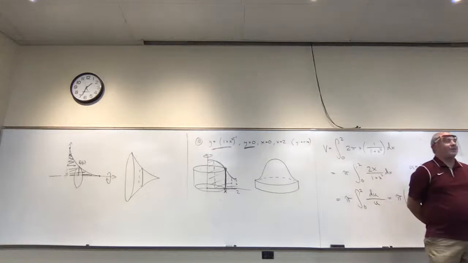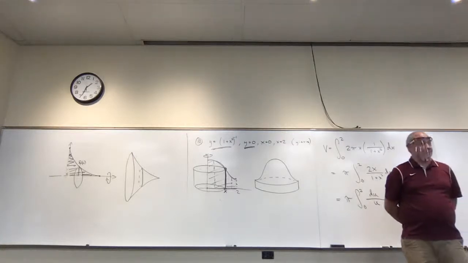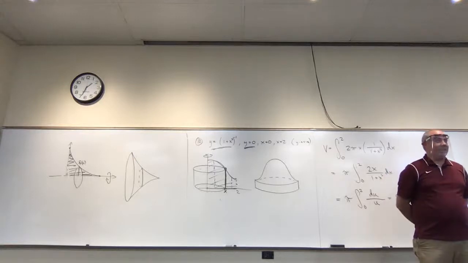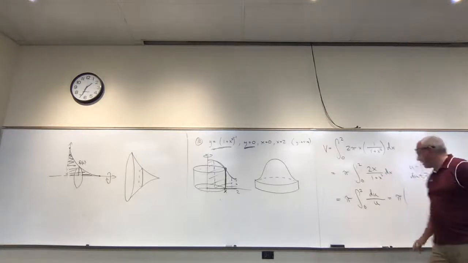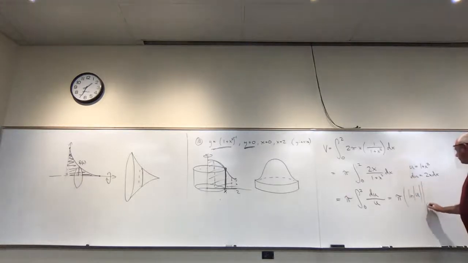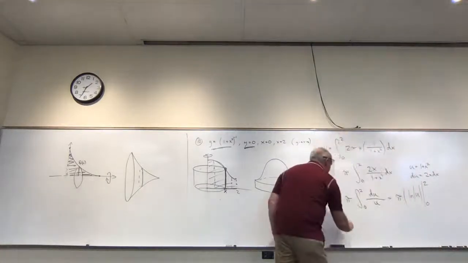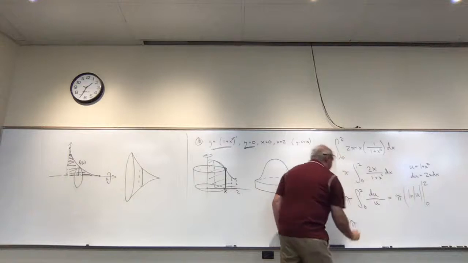ln of u, very close. It's ln of the absolute value of u. So this is ln of the absolute value of u evaluated from 0 to 2. And now we can just plug things in. So we still have the pi sitting there.